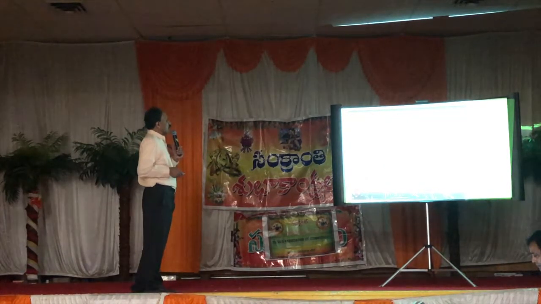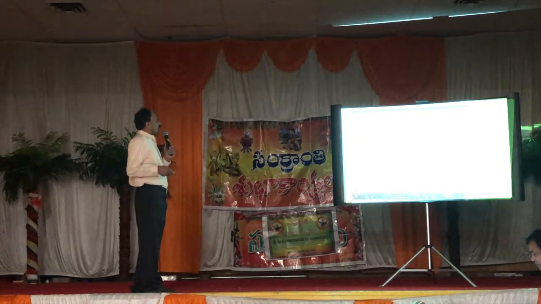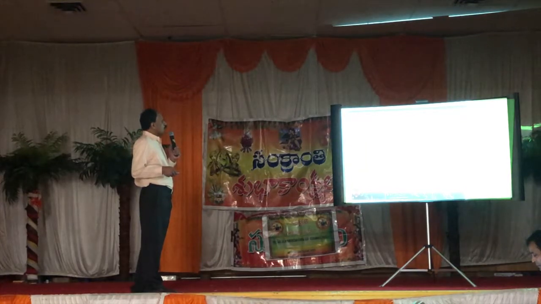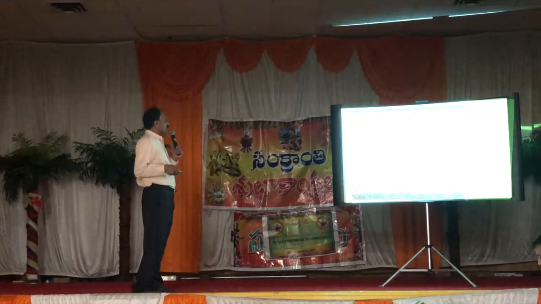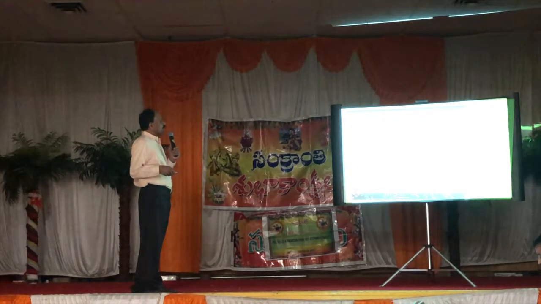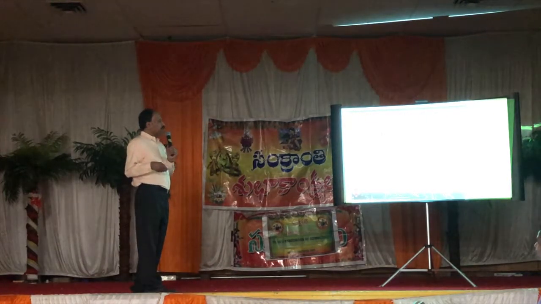The cholesterol numbers: total cholesterol less than 200 is normal, and the LDL goal is less than 100, which you need to maintain. HDL should be more than 40. Triglycerides, the fat content in the blood, should be less than 150. These are the ideal numbers for healthy individuals.